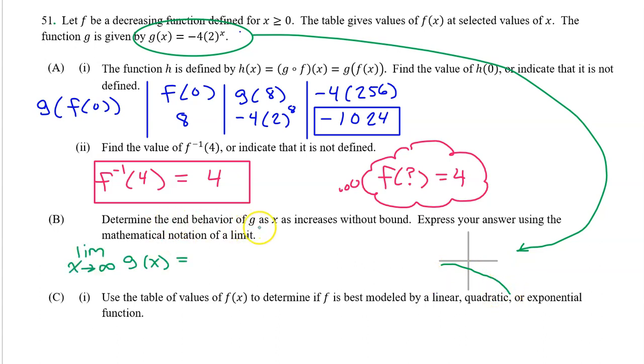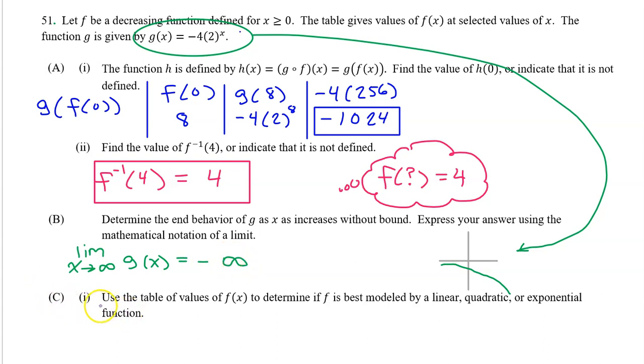The end behavior as x increases without bound is the limit as x approaches positive infinity of g of x. As x approaches positive infinity, meaning as we go to the right, g of x decreases without bound. It is falling, falling, falling. That's why this limit is equal to negative infinity.